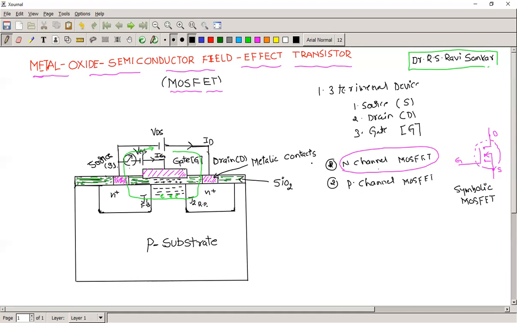This we can use for low power, high frequency applications.